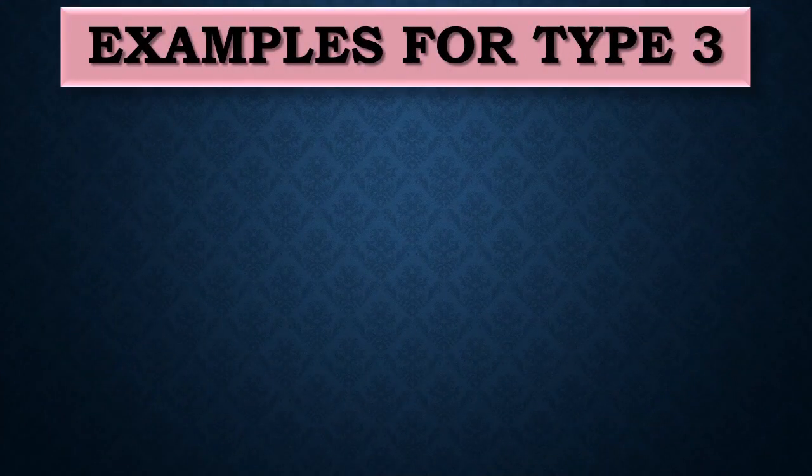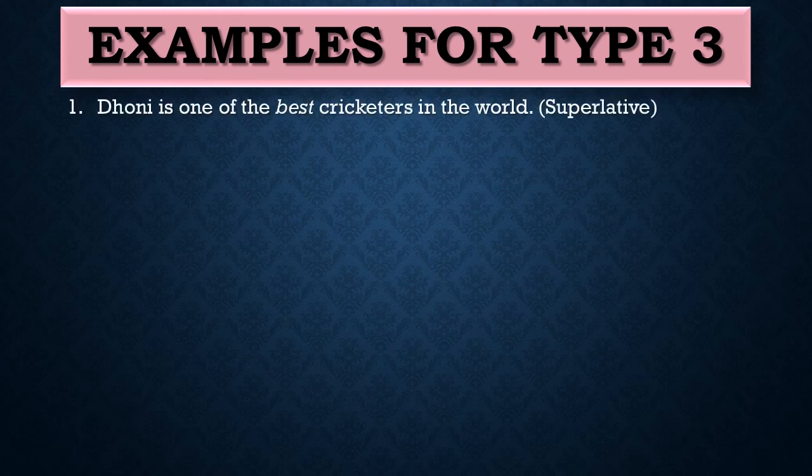Let us clarify the concept with some examples for type 3. Example: Dhoni is one of the best cricketers in the world. Best cricketers, so superlative, and one of the best. So many best cricketers are there, and one of them is Dhoni. That is type 3 form. How to change into comparative?